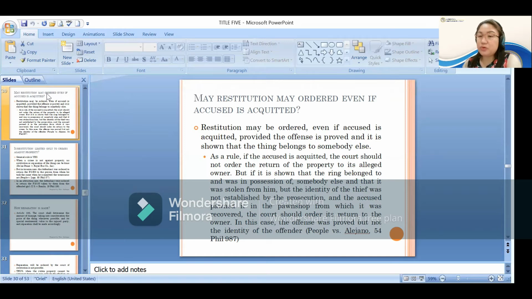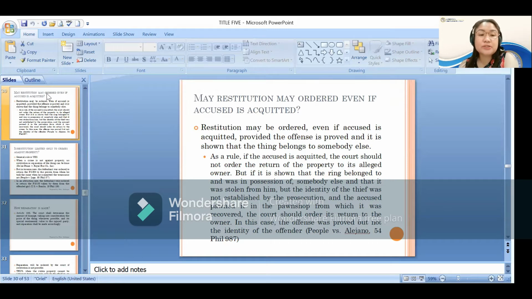So you have to remember that in any criminal case, if the subject of the taking belongs to an innocent third party, the court can order for the return of it to its lawful owner.